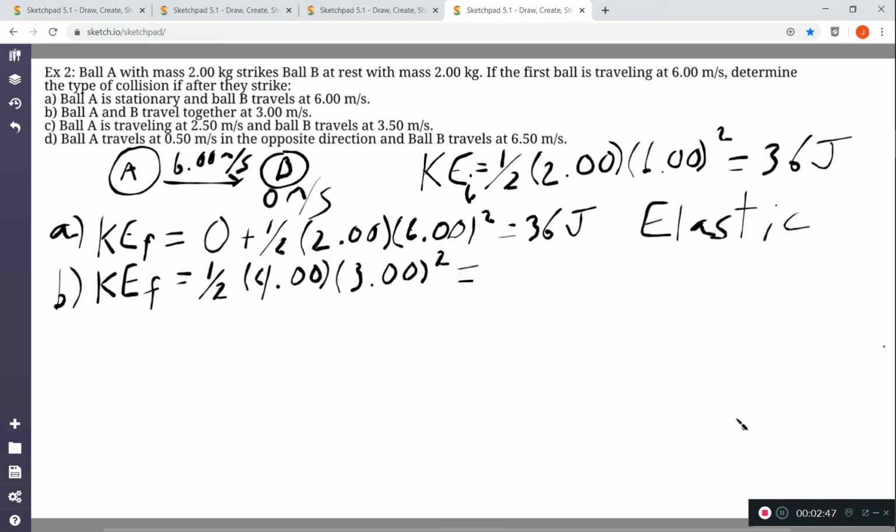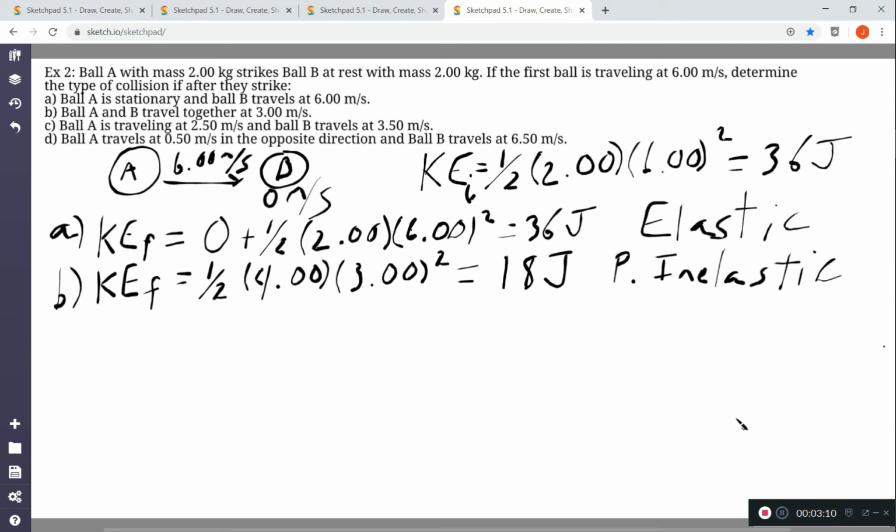Square that, work that out, we get 18 joules. That is less, and because they linked up, I'm going to say this is a perfectly inelastic collision. Usually if it comes out about half as much and they join together, it's perfectly inelastic.